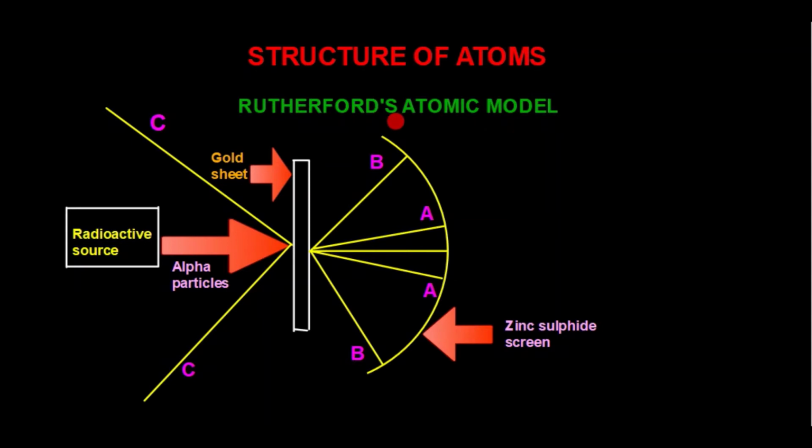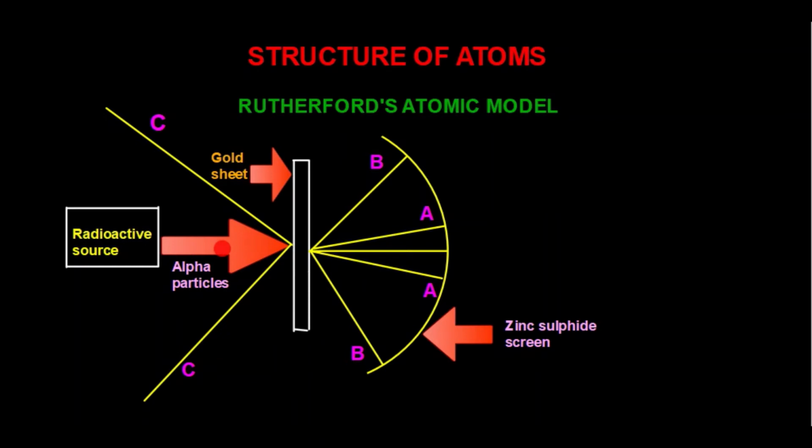Rutherford bombarded a very thin gold foil. This is a gold foil, a very thin gold foil having the thickness of about 0.00004 centimeter, with alpha particles. Alpha particles, what are alpha particles? Alpha particles are helium nuclei with double positive charge.